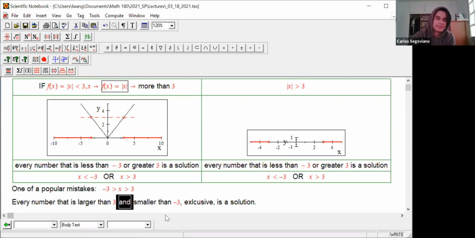Yeah, I was just saying that they would be including those numbers, and that would be incorrect. It's junk. It's a piece of trash.